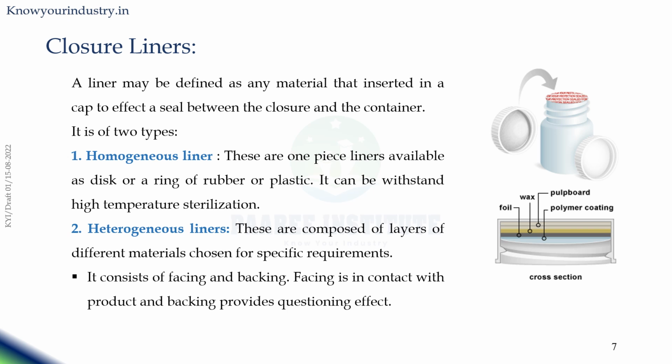Heterogeneous liners are composed of layers of different materials chosen for specific requirements. Because for certain products you may need a thick pad, where you have to improvise your pulpboard or a polymer coating also. It would give good permeability also, because I have come across products which pick up moisture.